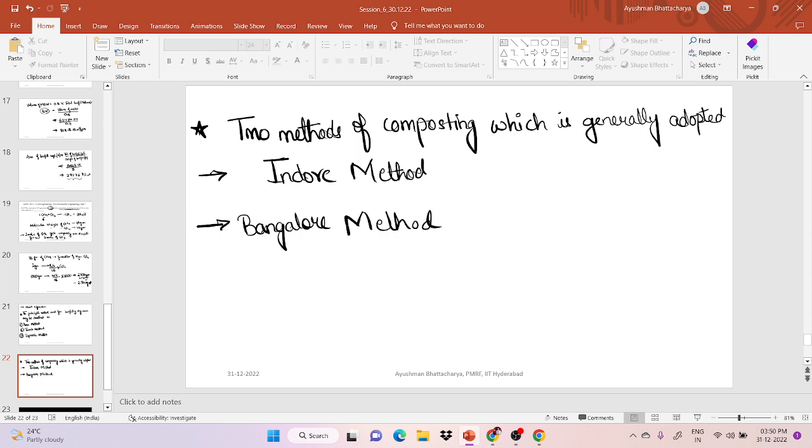Okay, so this was very important. You should know about the Bangalore method and the Indore method.